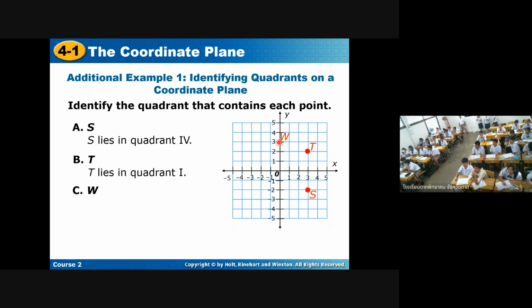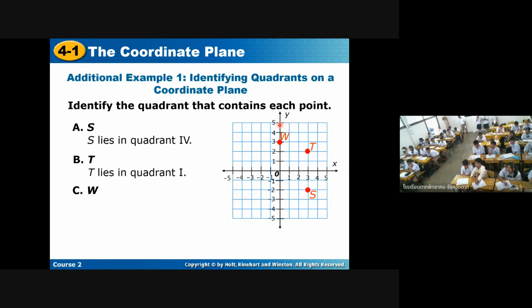Now we're looking for point W. It's not quadrant 1. It is not quadrant 2. It lies between 1 and 2.